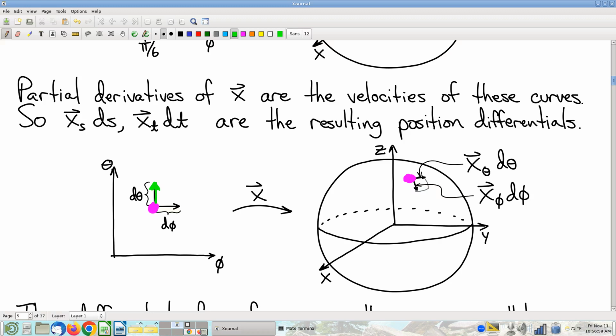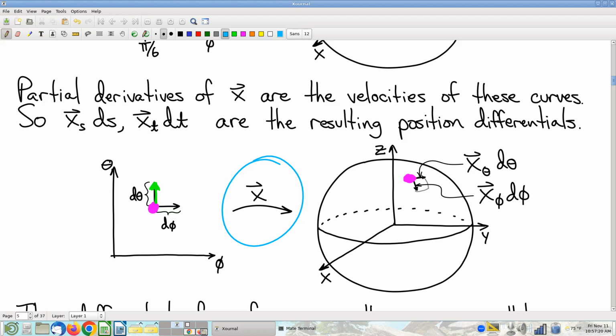Phi is constant, moving only in the theta direction, and I move by some differential amount in the theta direction. How far do I move on the surface of the sphere? We know what the velocity of this parameterization is.